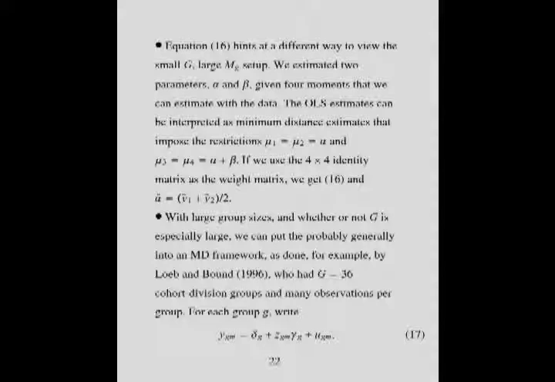The general issue is, though, and this has been used by, I have one reference here, Loeb and Bound, when they had 36 groups, and they had group-specific slopes as well. And the idea is to think of these x's, these group-level variables, as imposing restrictions on the parameters in this model.